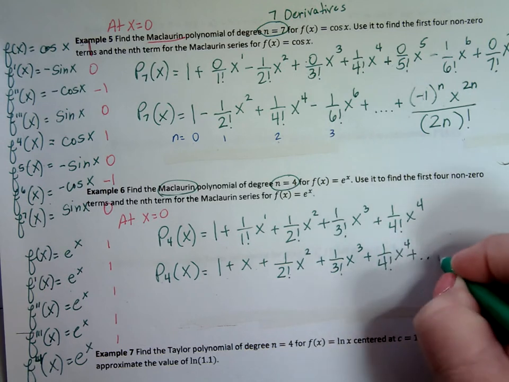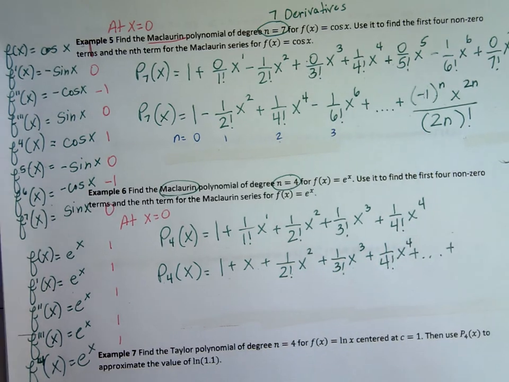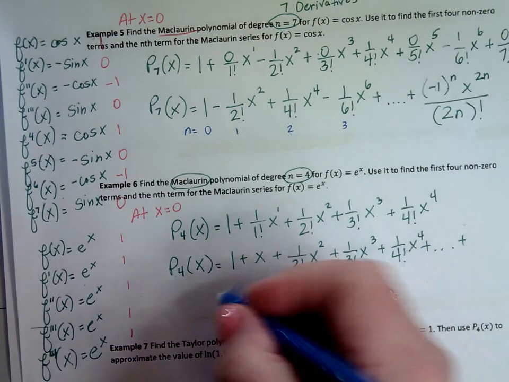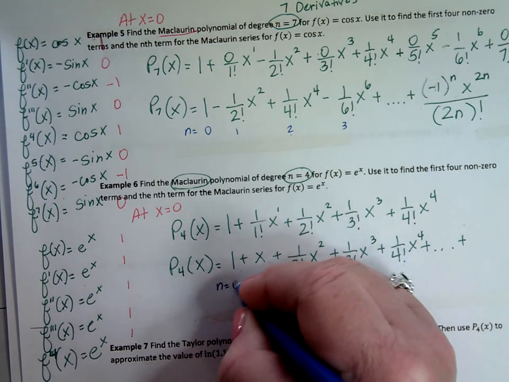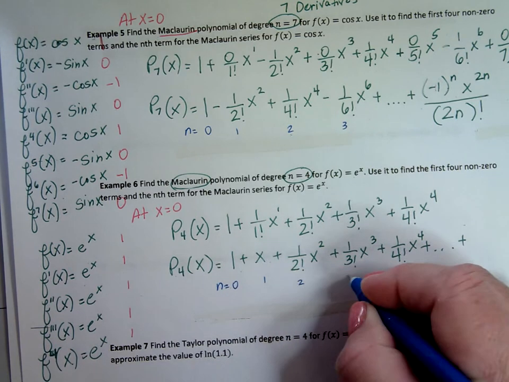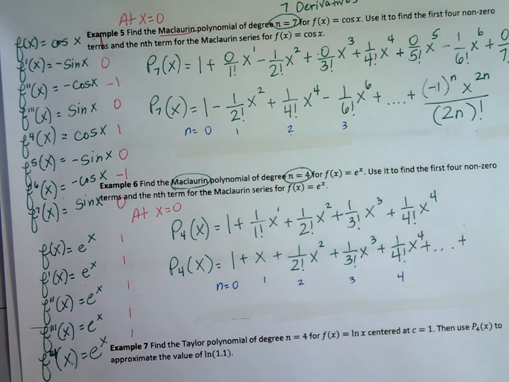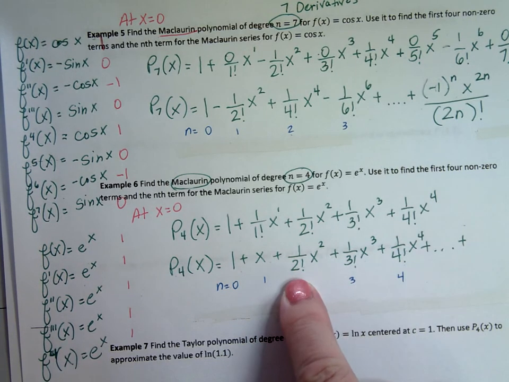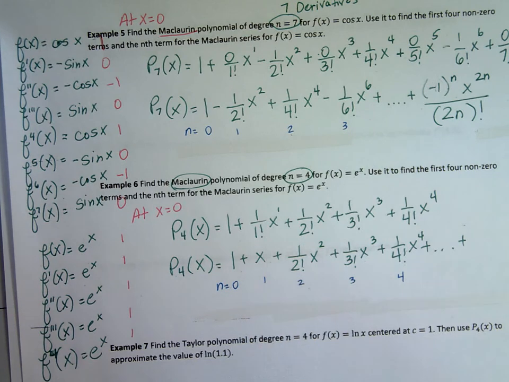Okay, so again, just to think about the nth term, this is when n equals 0, 1, 2, 3, and 4. Oh, interesting. Notice what the powers are, right? The powers are the same as the factorials. So this one might be easy peasy lemon squeezy to figure out.